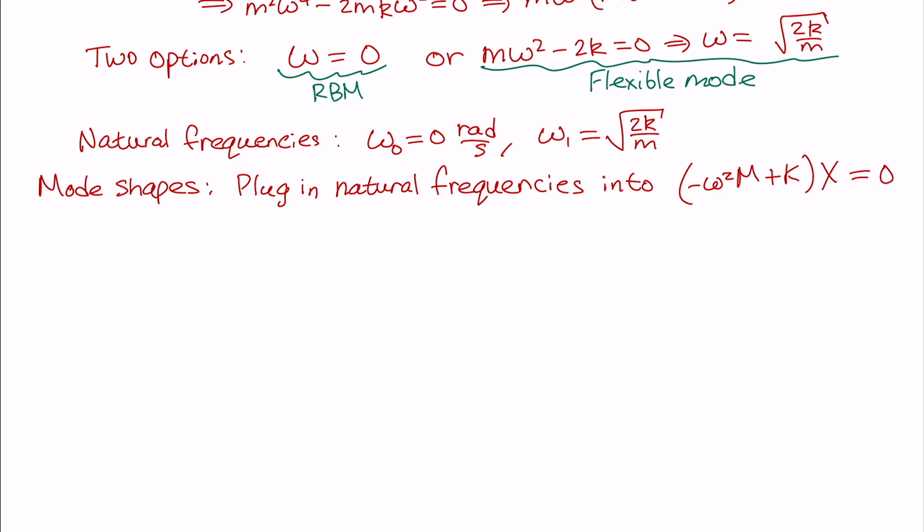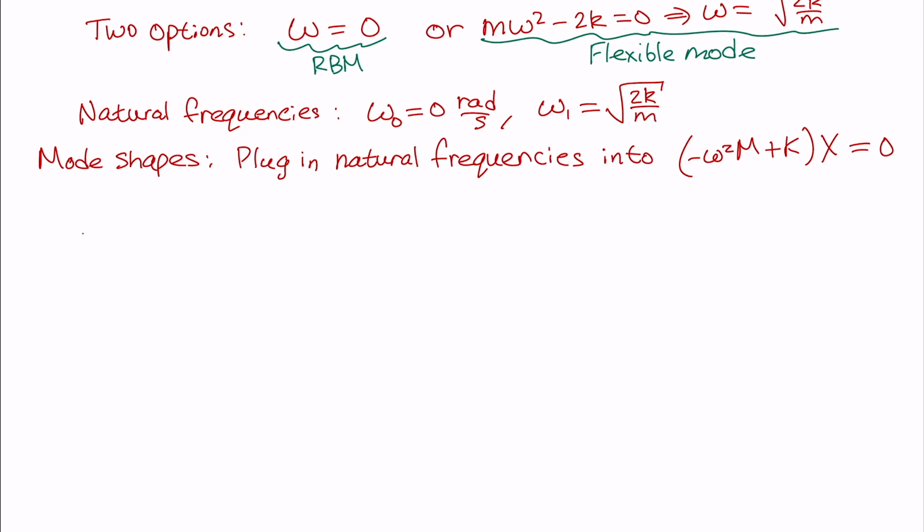We need to do this for each natural frequency and then find what the mode shape is. We'll start with omega 0, and I want you to compute the mode shape with your neighbors. Once you get it for omega 0, then compute it for omega 1 equals square root 2k over m. I'll walk around and give some input.